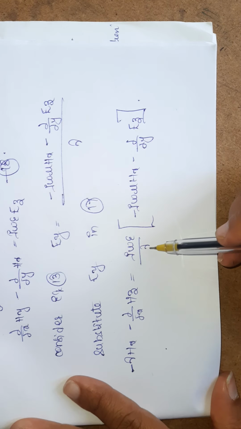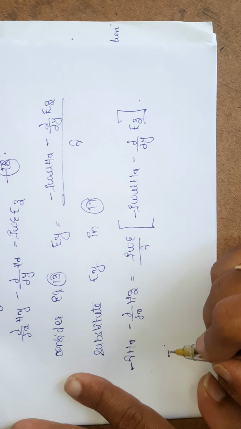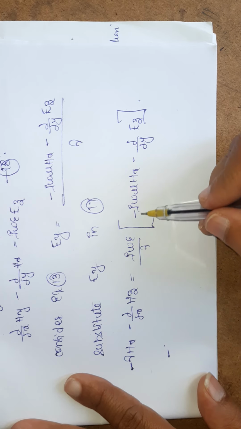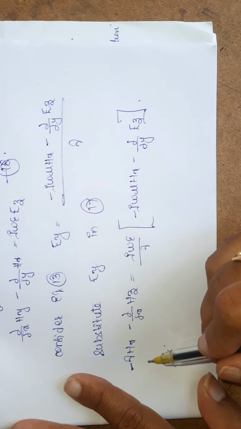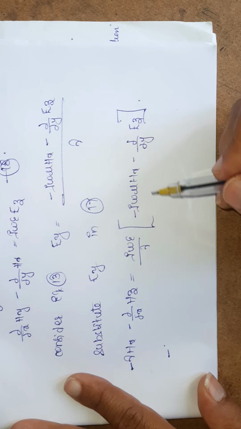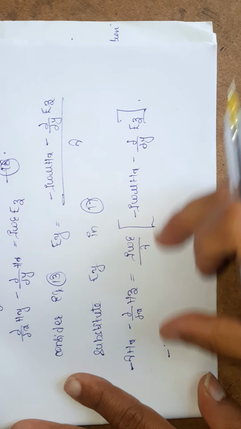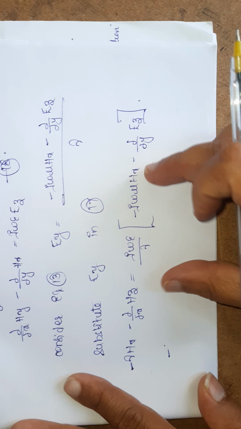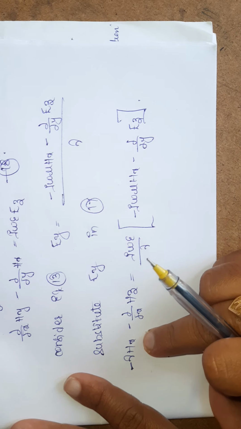Now I am cross multiplying, and here all 4 terms I am having minus. So I am taking minus common on both sides, and they will get cancelled. And this gamma is cross multiplying.